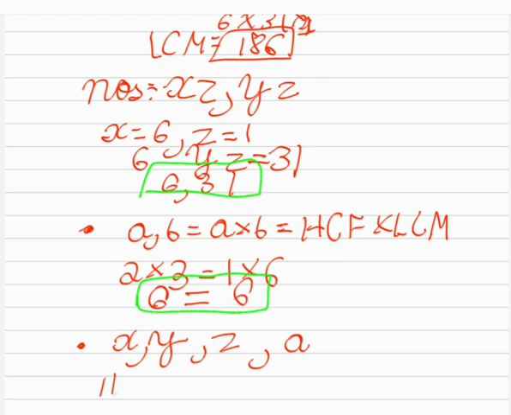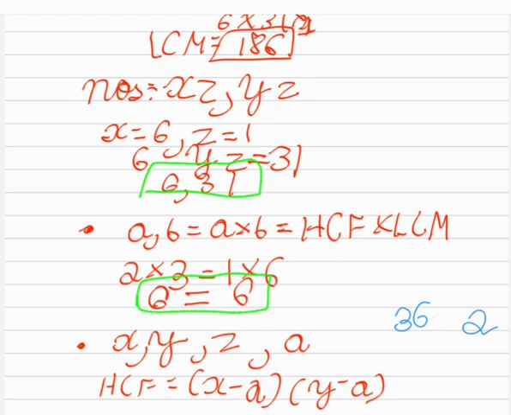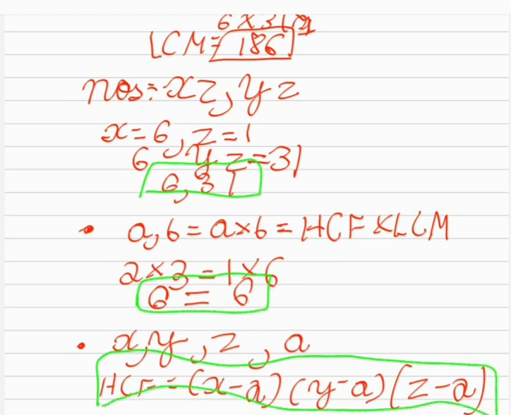So first, if we have to find the HCF, it will be equal to x minus a, then y minus a, because of leaving the remainder. When you do 36 divided by any number leaving the remainder 2, you will subtract it and it will get 34. So the greatest number which divides 36 is 34, leaving the remainder of 2. Like this only you will do this also. So HCF would be x minus a, y minus a, z minus a.